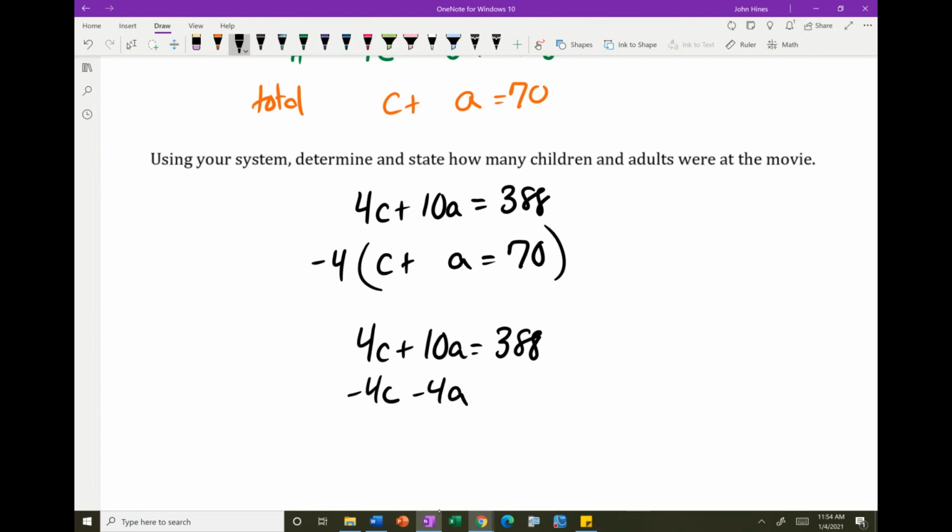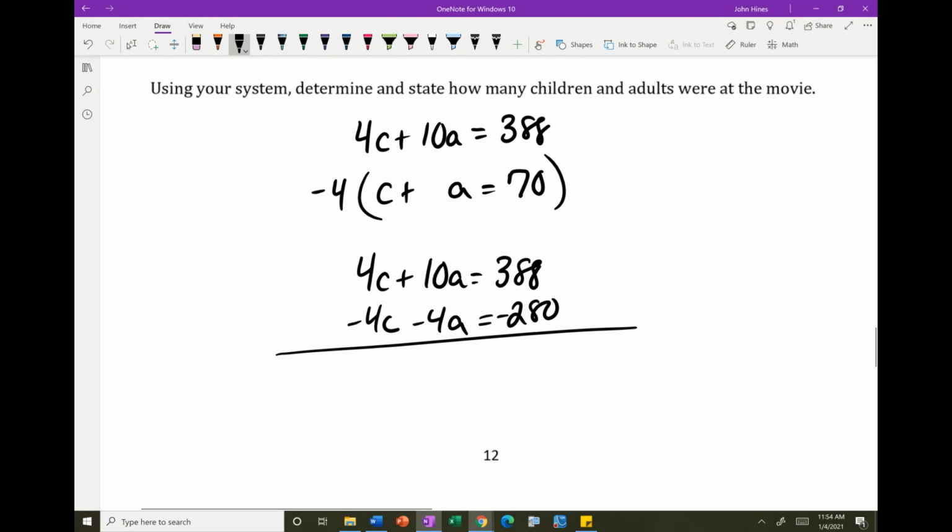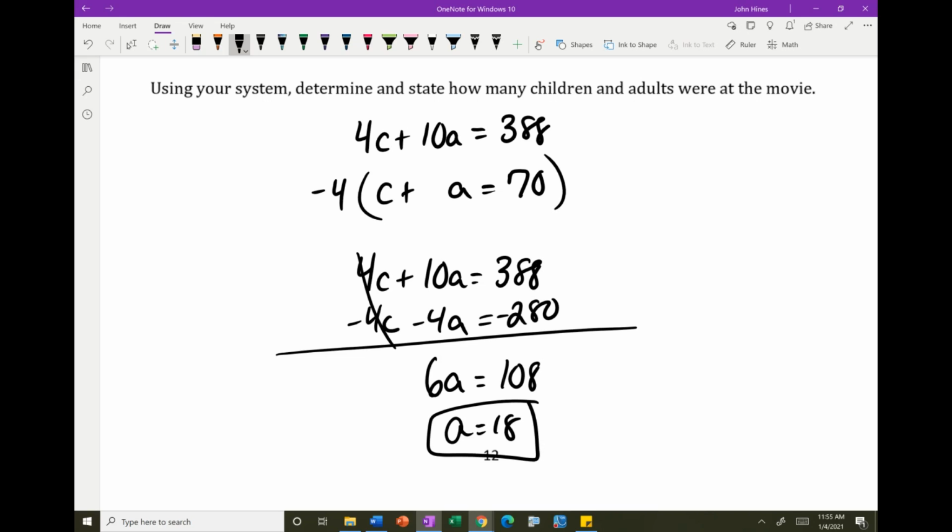Everybody's getting -4. There, I can multiply. I did it right this time. Those make 0. 10 minus 4 is 6. And that gives me 108. So I need to divide by 6, and I get 18. There were 18 adults there. I think that's a lot faster than doing substitution. I think elimination's a lot faster because I can easily make opposites by multiplying by -4.